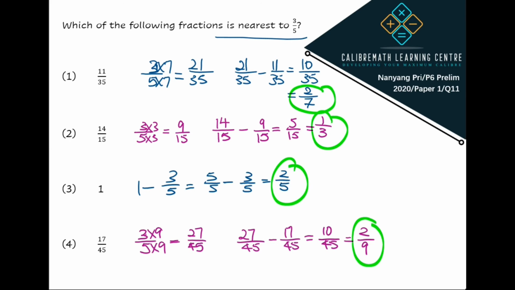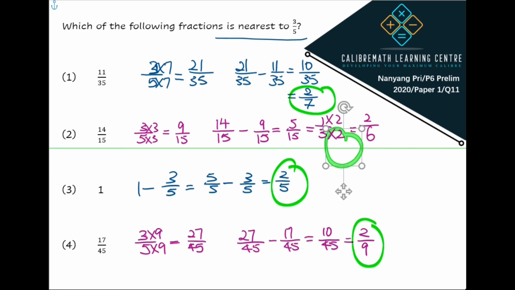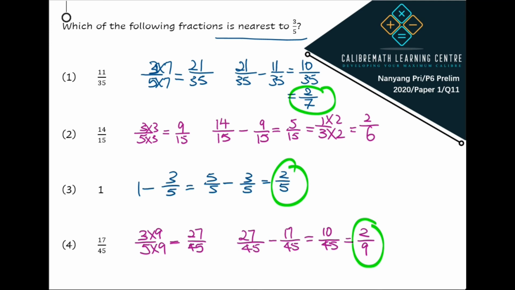So it will be easier for us to compare the fractions if we were to change the 1/3 to the same numerator also. So we'll multiply this by 2, and we'll get the answer to be 2 out of 6. So now we have these options here: 2 out of 7, 2 out of 6, 2 out of 5, and 2 out of 9.